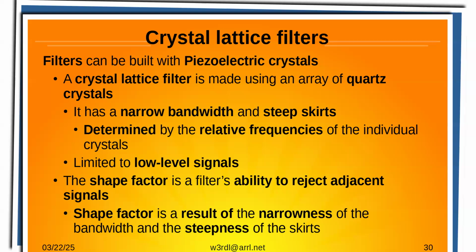In other words, how closely it approaches just a square filter waveform, which you can't actually get. But the crystal filters are a big improvement over trying to do analog LC filters. You'd have to have 10, 11 stages to even get close. And that's a lot of toroids to wind.